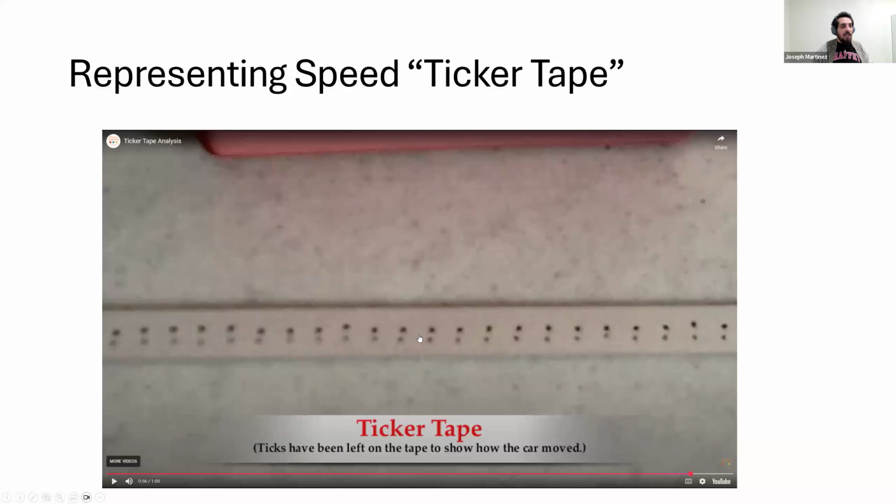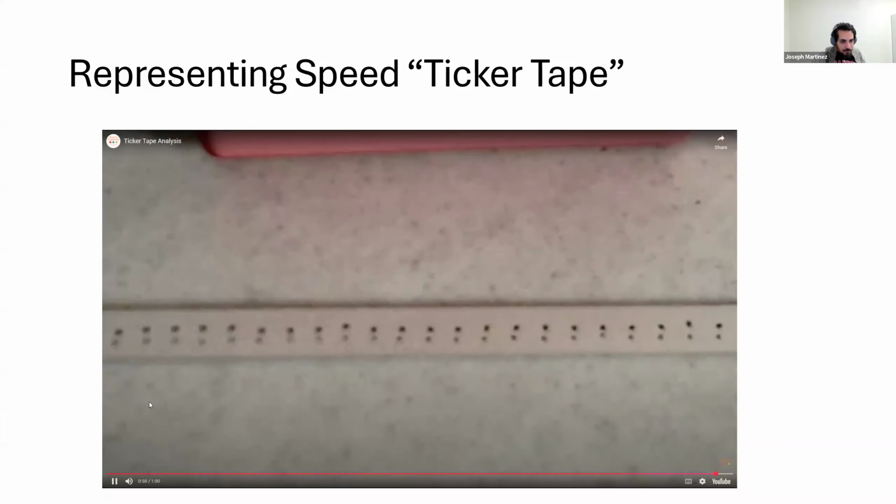Now, in the case of that little cart that we just saw, you'll see that the ticker tape is evenly spaced out. And with this even spacing, we can do a little bit of an analysis. We can look at neighboring dots. Let me see.